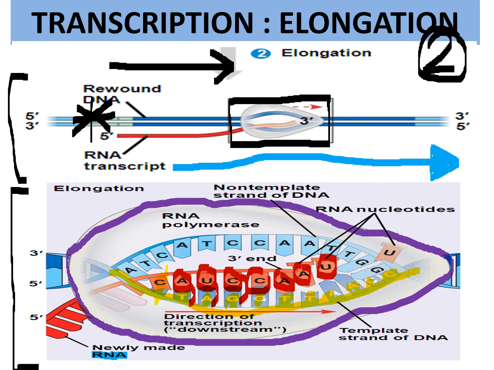Once a unit has already been transcribed, the unit will then form a stronger hydrogen bonding, so the effect of helicase no longer plays a role, and it will rewind. That is the process of elongation, which continues until a long strand of pre-mRNA has been formed. We are still in the nucleus of our cell.